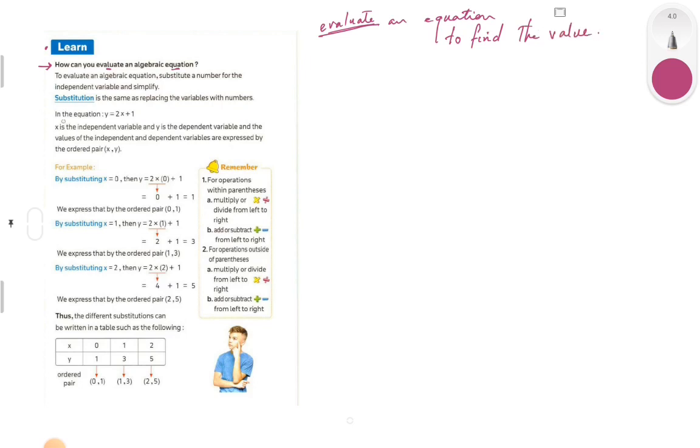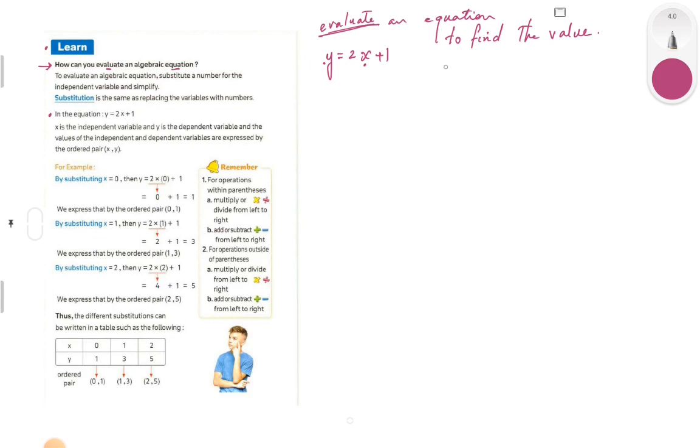We have an example here. Y equal 2x plus 1. This is an equation, right? Okay. This equation, to find the value of it, that's mean to substitute x with any number, then you will find the value of y.